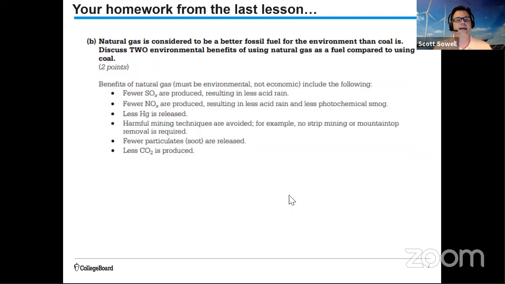And you could have said fewer SOx, NOx, mercury, carbon dioxide, those things that are emitted when you burn coal. Or you could have talked about the fact that the mining practices are less destructive. So mountaintop removal is clearly much more destructive to the habitat and the environment than fracking is. Or you could have talked about soot, that particulate matter, or greenhouse gases, carbon dioxide.